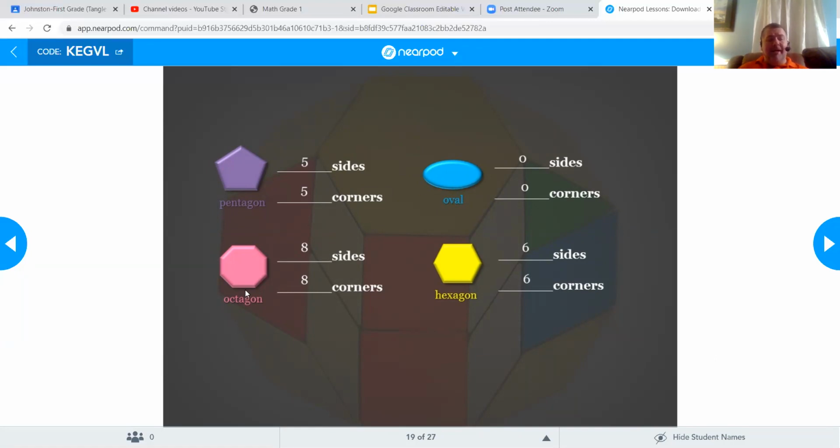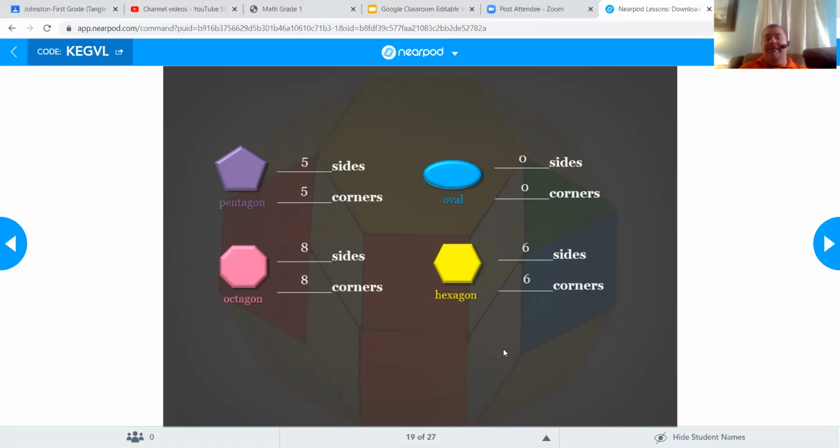An octagon has 1, 2, 3, 4, 5, 6, 7, 8 sides, and if we go back and look, there is 1, 2, 3, 4, 5, 6, 7, 8 corners where two lines come together to meet.